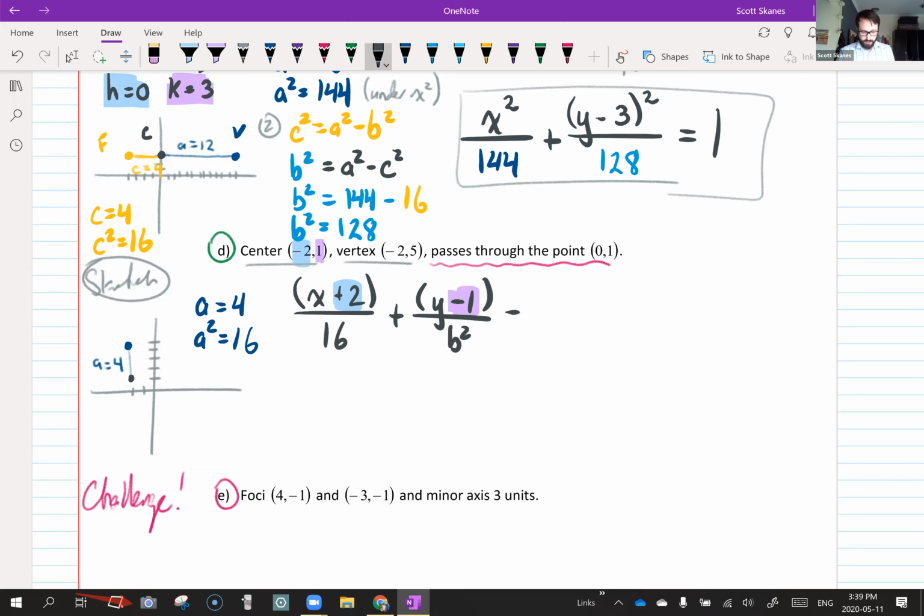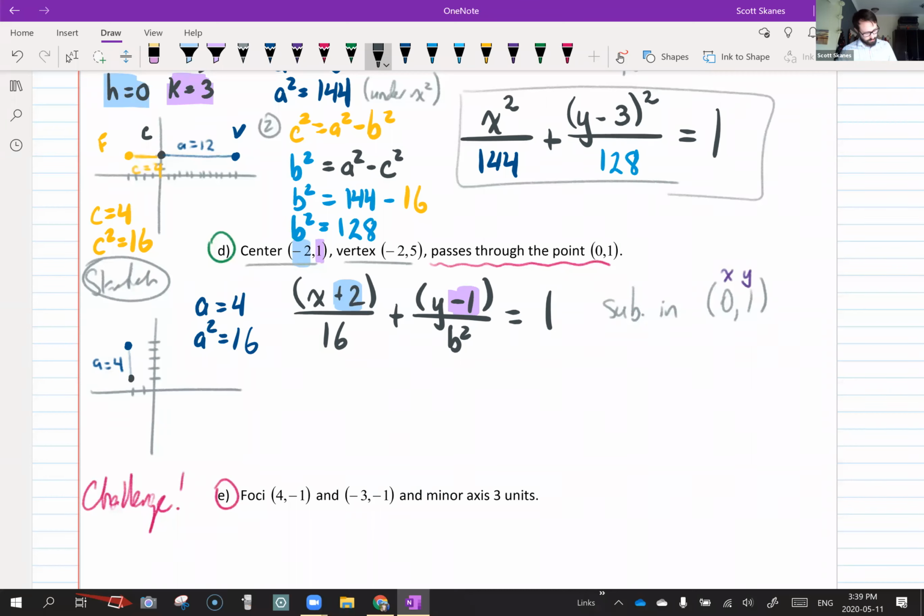We don't know what b squared is, but we do know that it equals 1, and we've been given a point. What we're going to do now is substitute in 0, 1, just like our circle question. Put in x equals 0, y equals 1. And this will start to fall into place very quickly.